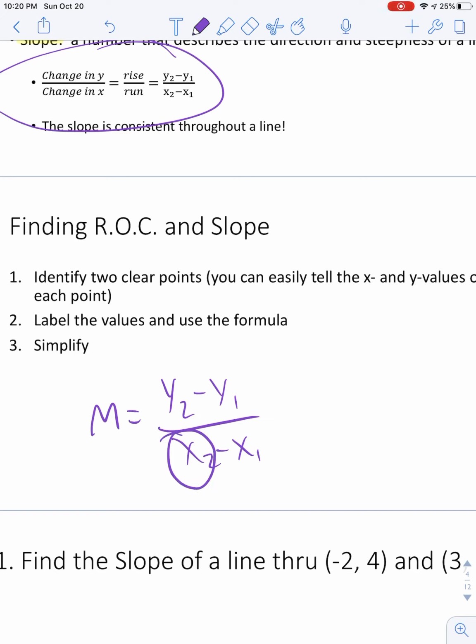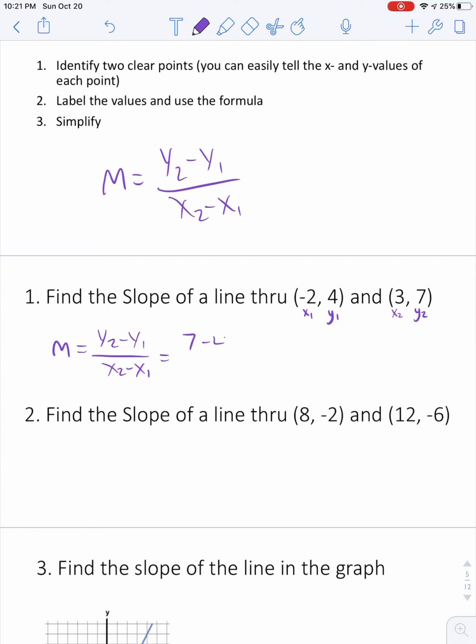Our first y is 4. Our second x here is 3 minus our first x, which is -2. When you do 3 minus -2, it becomes 3 plus 2. So we've got 7 minus 4 over 3 plus 2, which is going to be 3 over 5.